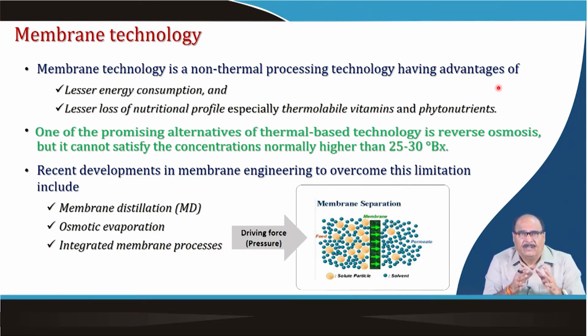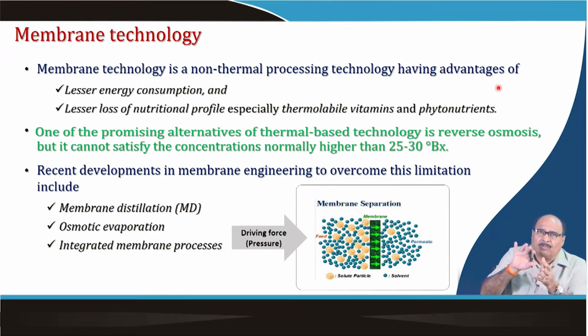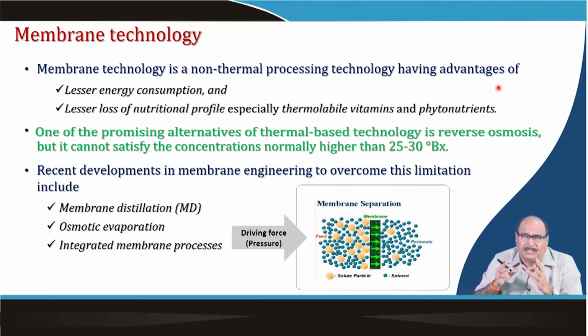It is a membrane based technology, and one such technology is reverse osmosis, but it normally cannot satisfy concentration beyond 25 to 30 degree Brix. The maximum concentration of 25-30 degree Brix can be obtained because of the increasing viscosity of the concentrate and difficulty in removing the material.